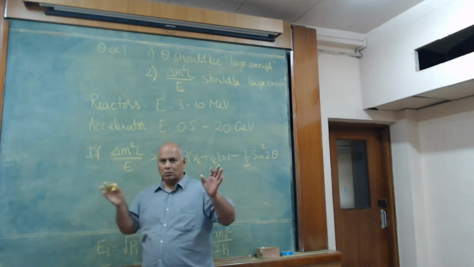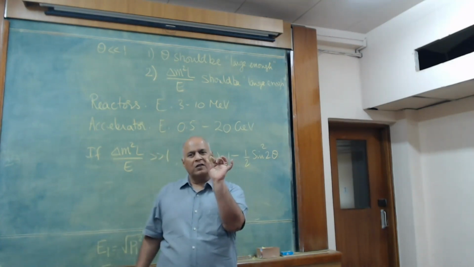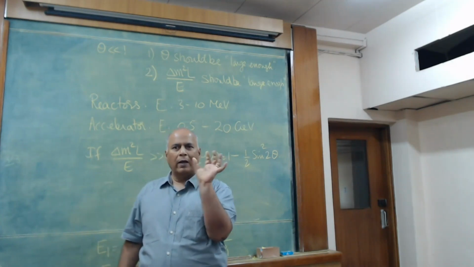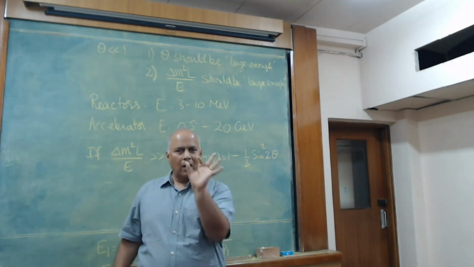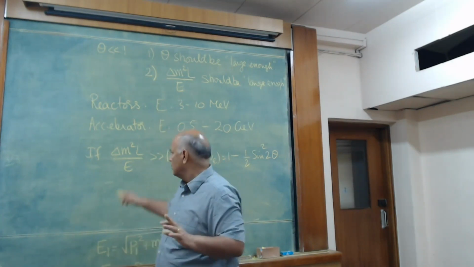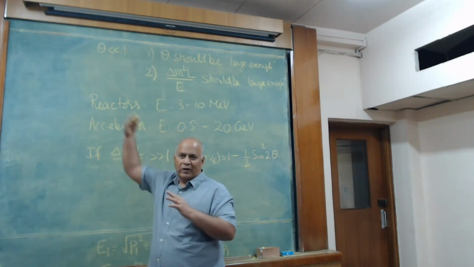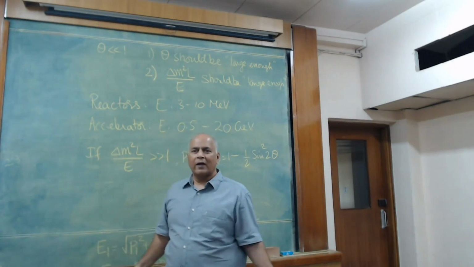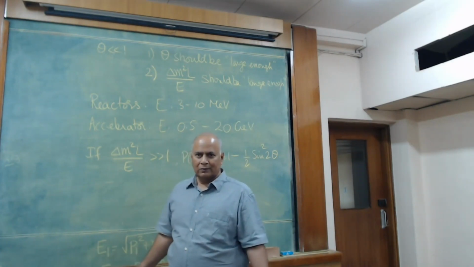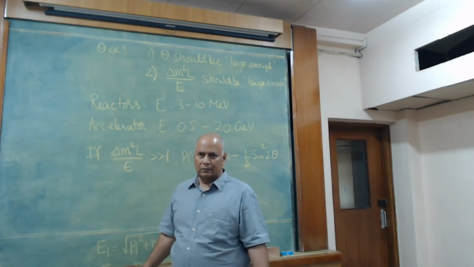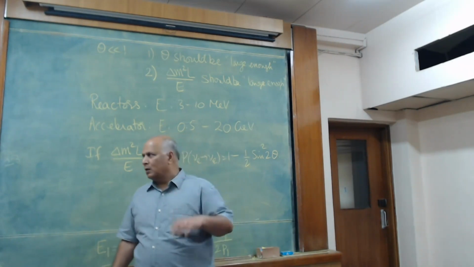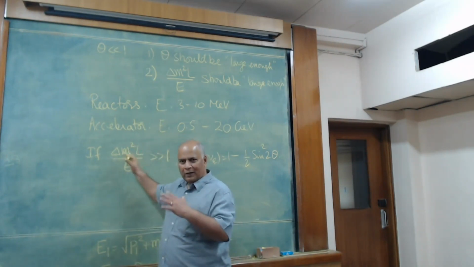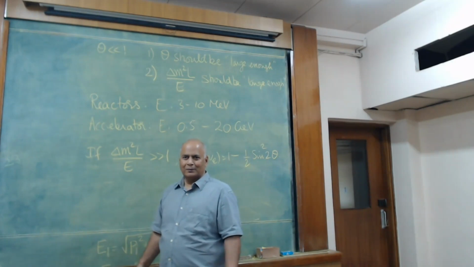So even within a single small energy bin of about half MeV, this quantity will vary over a large number of cycles, so things will get averaged out. So this number is really crucial.